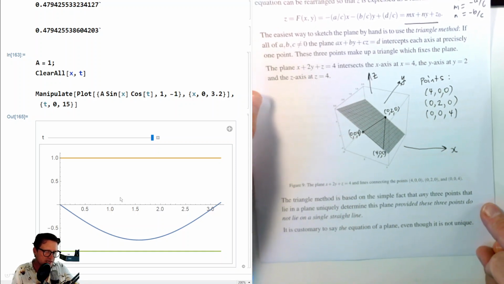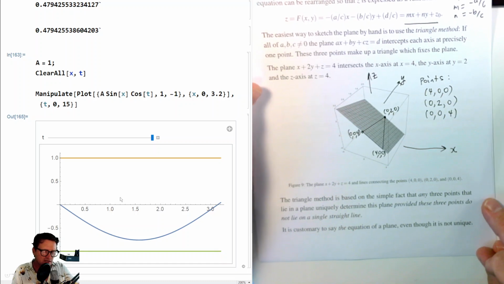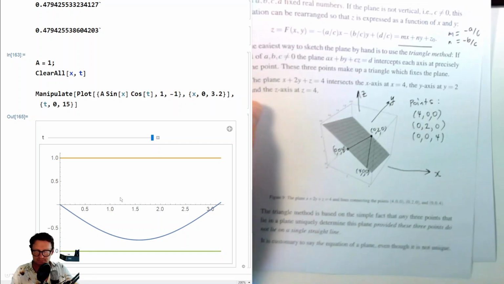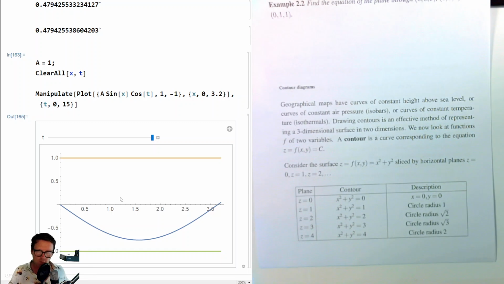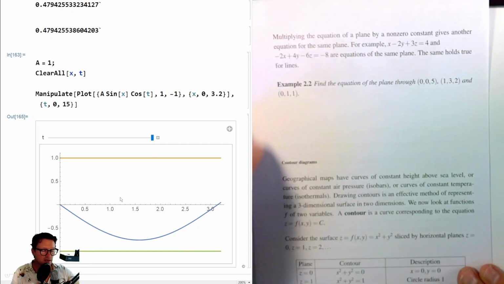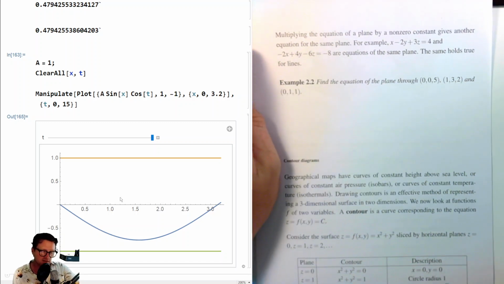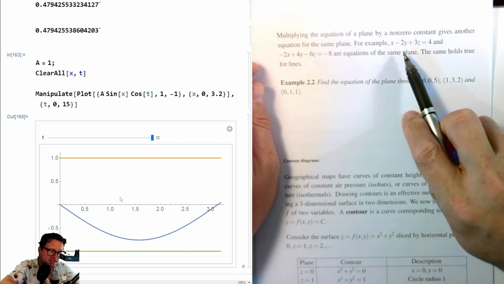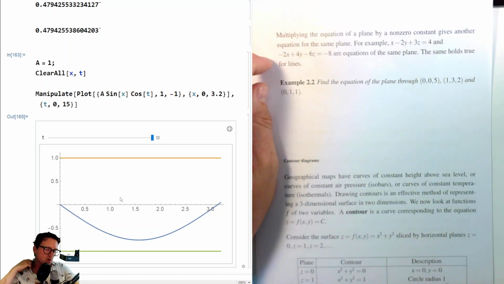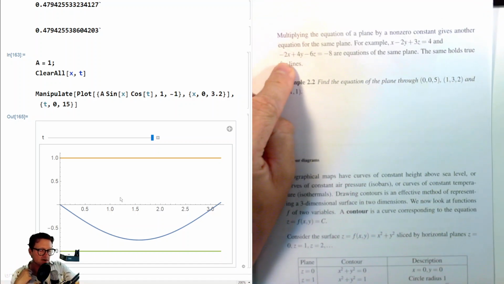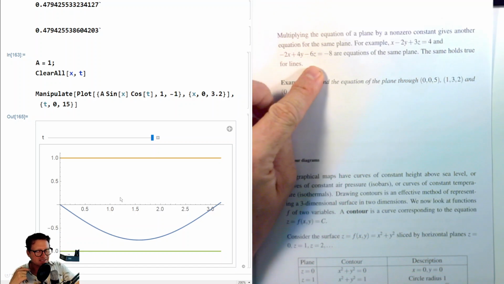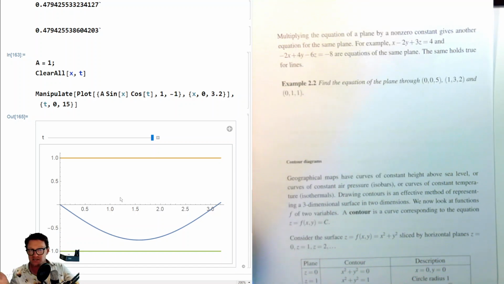It's customary to say the equation of a plane even though it's not unique. Okay, so what do we mean by that? Well, multiplying the equation of a plane by a non-zero constant gives another equation for the same plane. For example, the plane x minus 2y plus 3z equals 4 and minus 2x plus 4y minus 6z equals minus 8 are equations of the same plane.